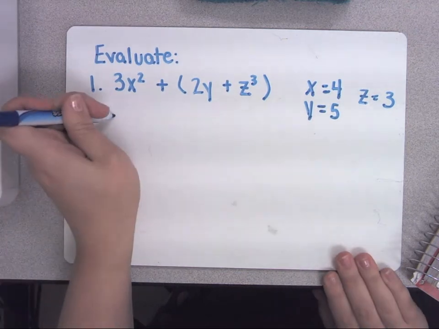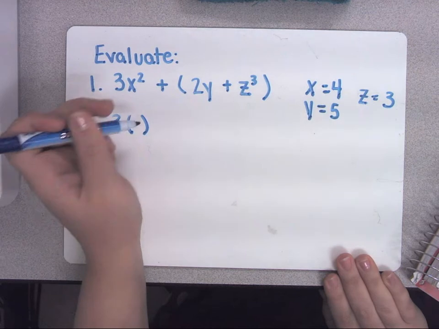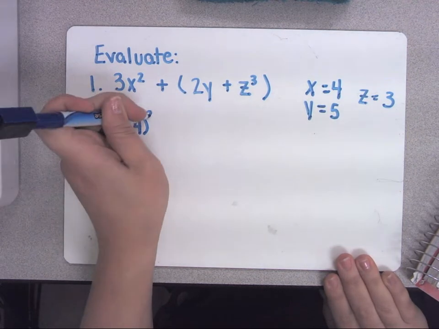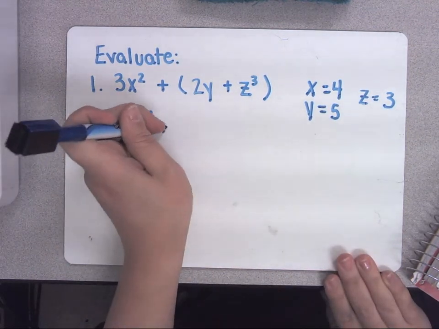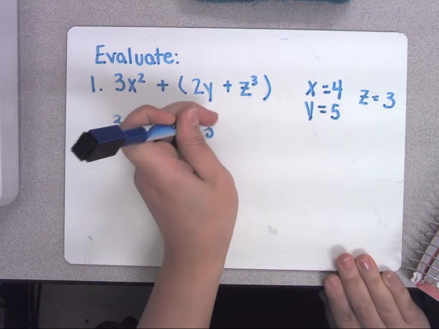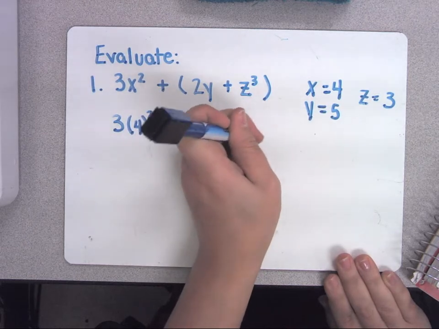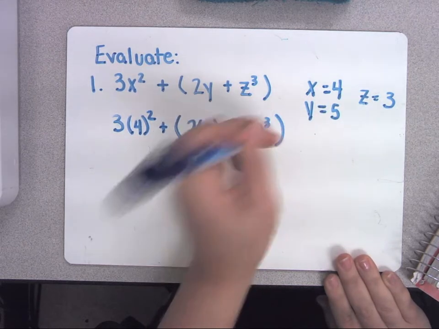Parentheses. So 3 was already there. In the parentheses for x, I'm going to write 4, and it's squared, plus 2 times y, in parentheses, plus z, which is 3, to the third.